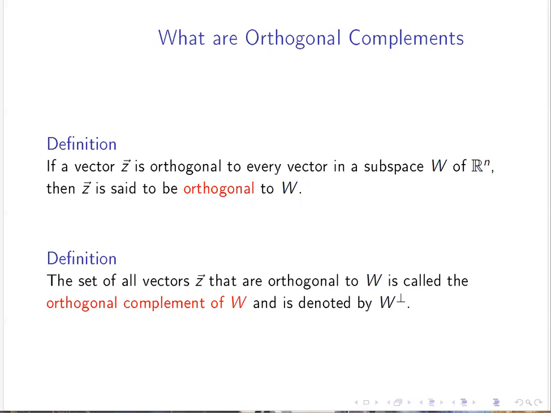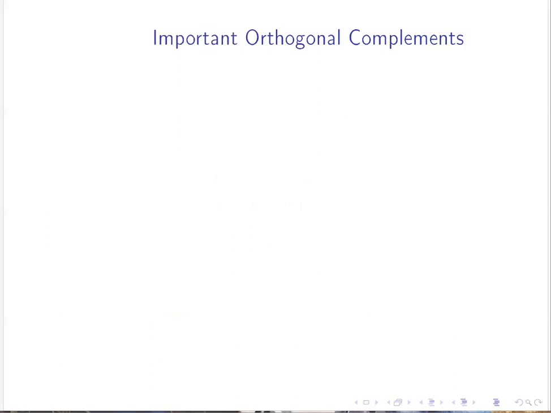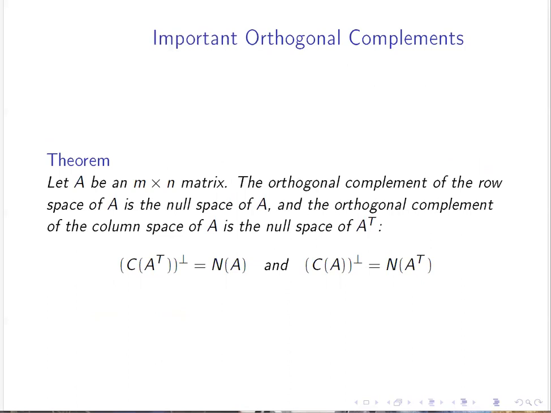Now, the reason I'm bringing this back up is to tie something about some important complements we've already dealt with. If I give you a matrix A, it doesn't matter if it's square or not, the complement of its row space is its null space. In other words, if I take anything in the null space and take the dot product of that with anything in the row space, the two will quite easily give me 0. If I take the dot product of any column with anything in the left null space, their dot product will always equal 0.